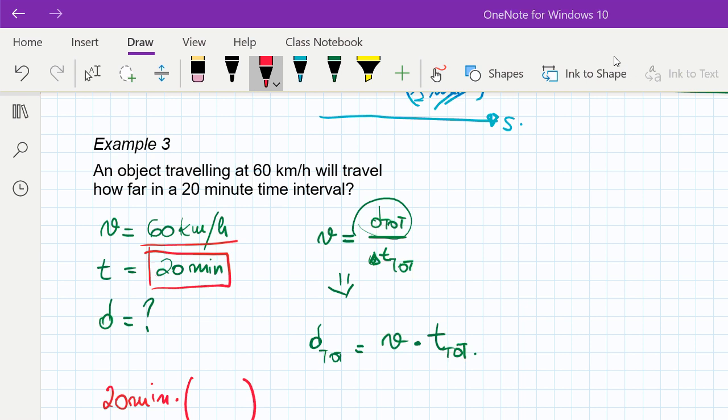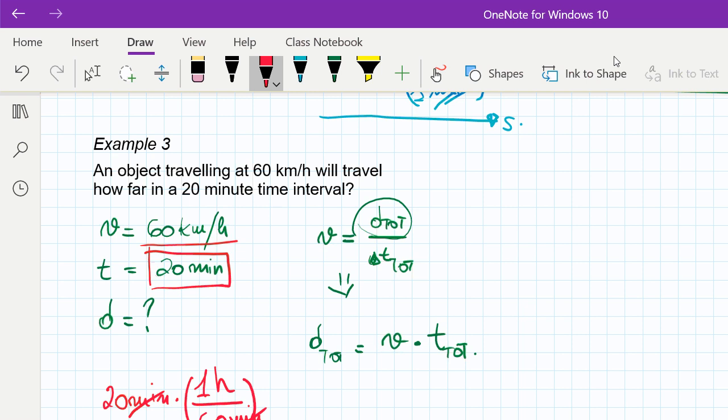Okay, so the answer is 1 hour over 60 minutes, because minutes and minutes will cancel out, and in order to cancel them out, we have to have them in two different places, one in the numerator, the other one in the denominator.